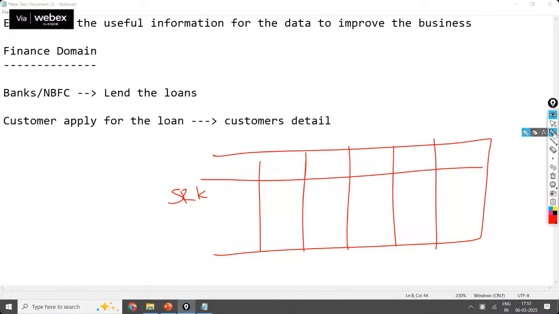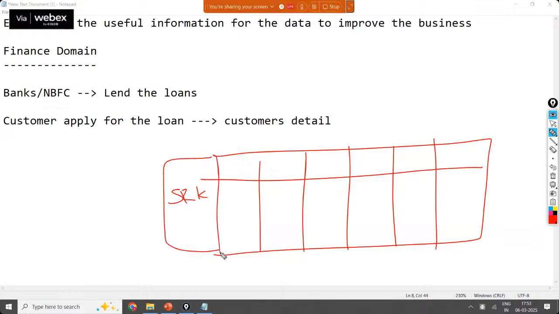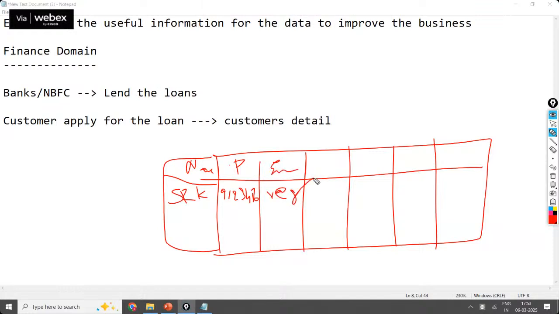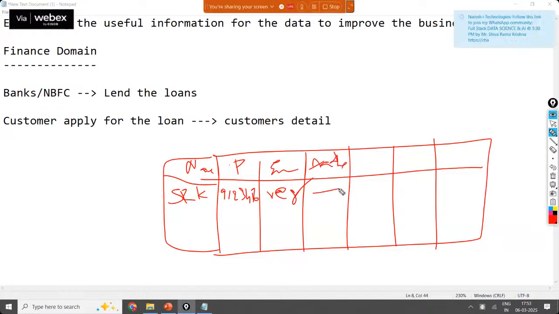So when I apply to the bank and fill in the application form, whether online or offline, my record will be added like this. My name, first one is name, phone number, whatever phone number I'm having, and email address, whatever email address I'm having, and along with the Aadhaar card number, I'm going to give some Aadhaar details.